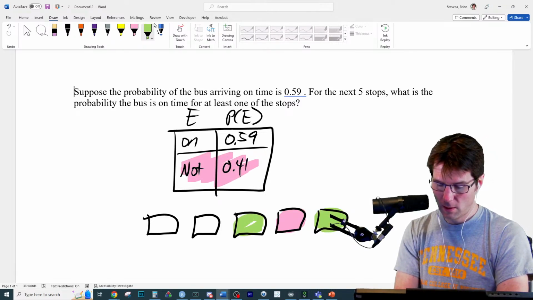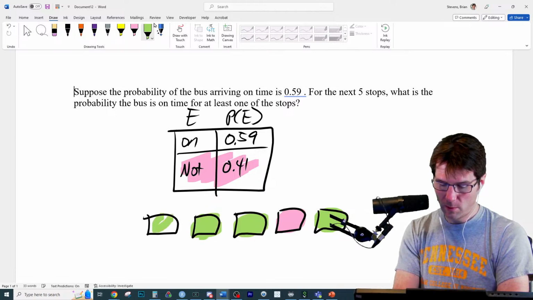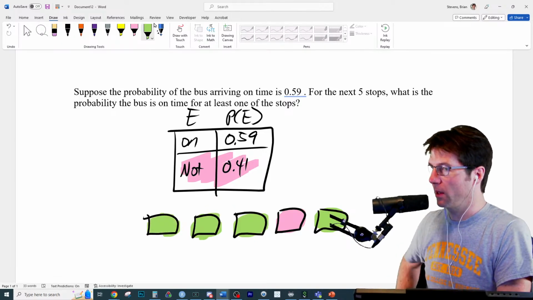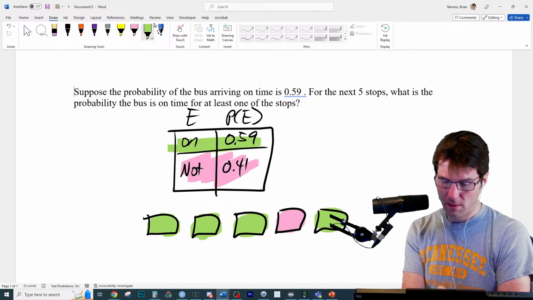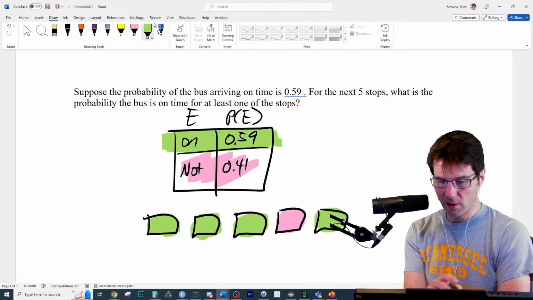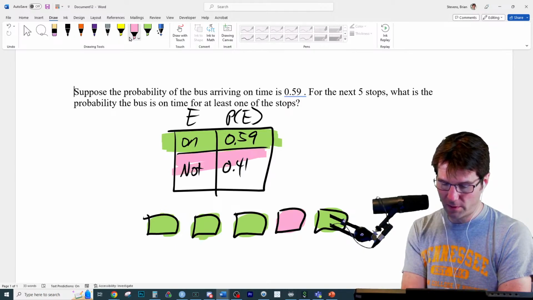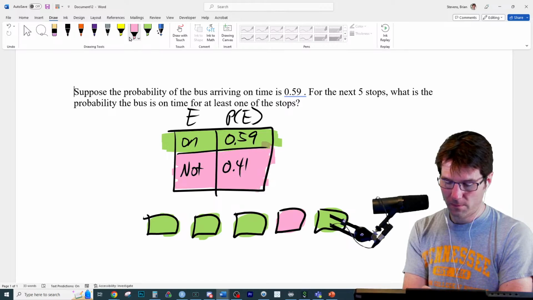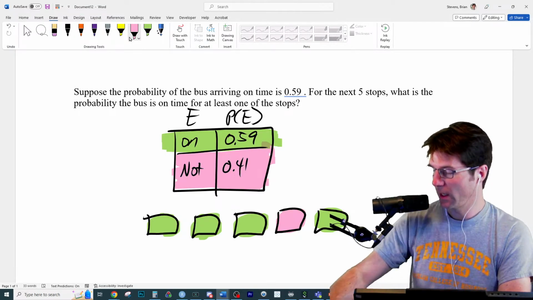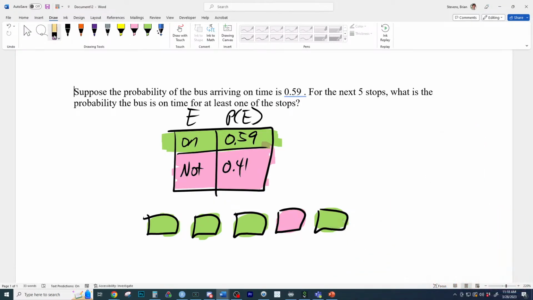Now tell me, was this bus on time for at least one of the stops? So you look at my color coding. Was the bus on time for at least one of the stops? Yes, perfect. It was on time for 4 stops. Was it on time for at least one of the stops here? So you'd look at the color coding. Was it on time for at least one of the stops?